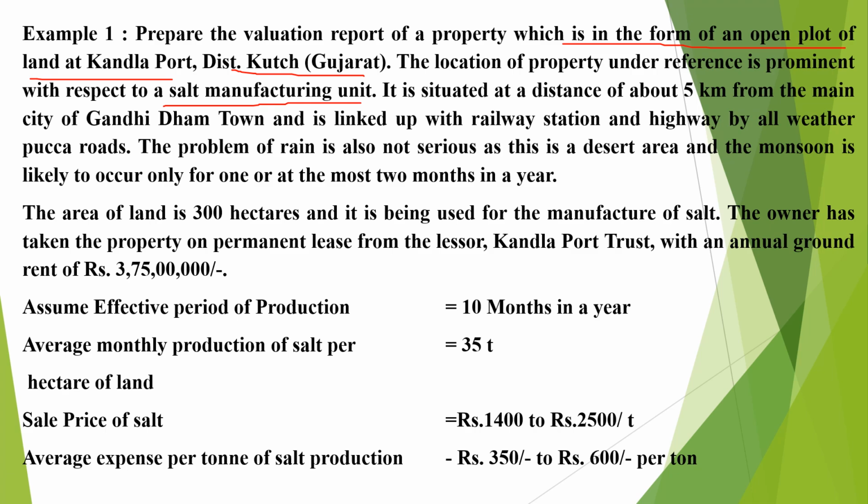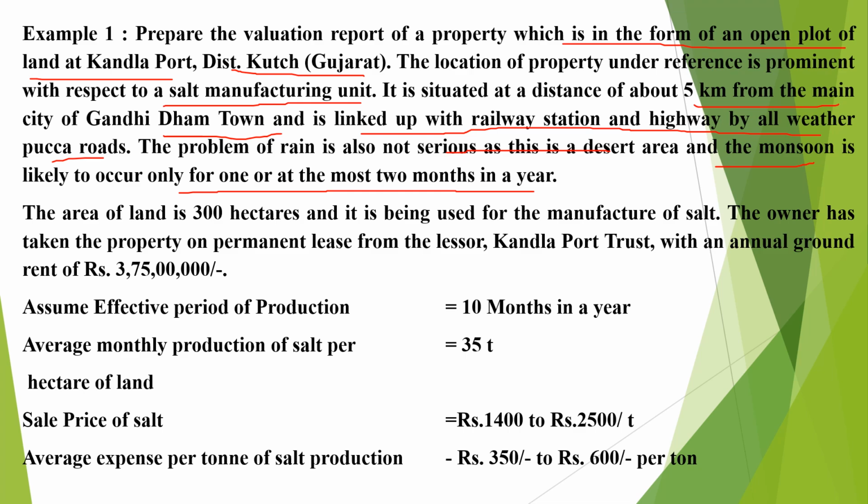It is situated at a distance of 5 kilometers from the main city of Gandhidham town and is linked up with the railway station and highway by all weather pakka roads. The problem of rain is also not serious as this is a desert area and the monsoon is likely to occur for 1 or at the most 2 months in a year. The area of the land is 300 hectares and it is being used for manufacturing of salt.